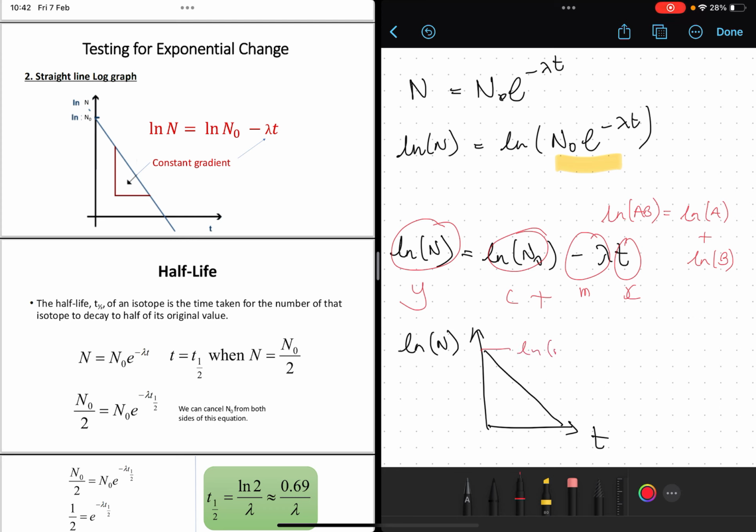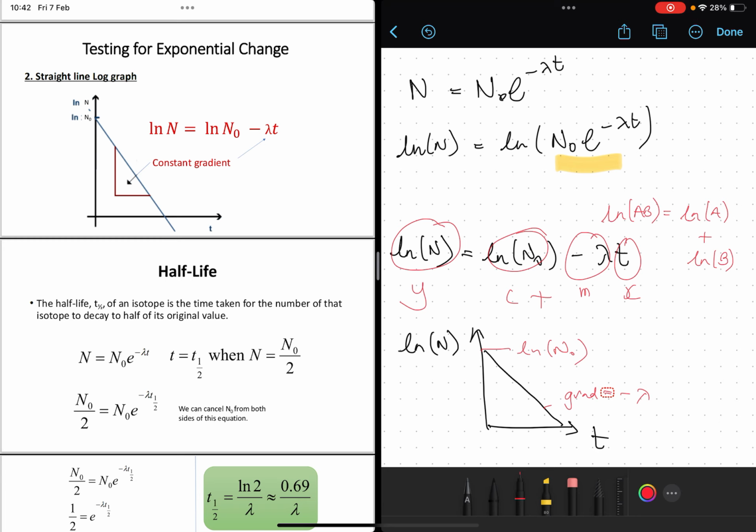So we can work back to the number of undecayed nuclei at the start. Okay, that's n naught by looking at the y-intercept. And we can also work out from the gradient the decay constant. Okay, so there are two tests for whether something is exponential or not applied to radioactivity.